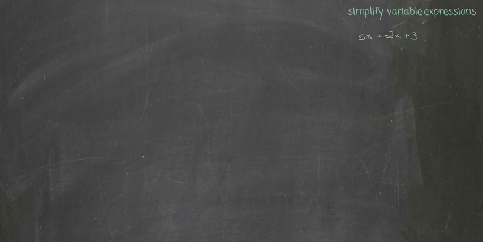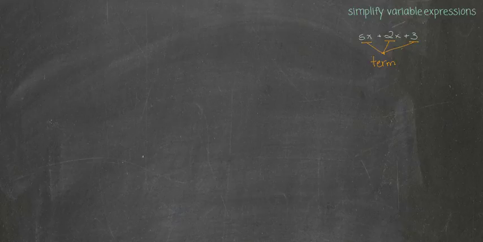So let's start with the parts. Notice that this is an expression that has 3 parts, and the parts are separated by signs. Each of these 3 parts, we call independently a term. So this has 3 terms in it: a 5x term, a 2x term, and a 3 term.